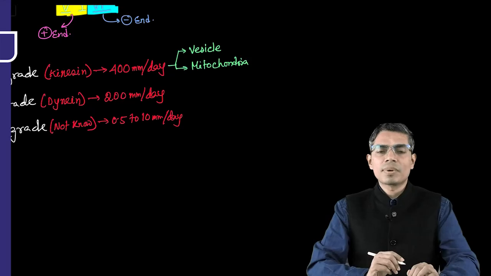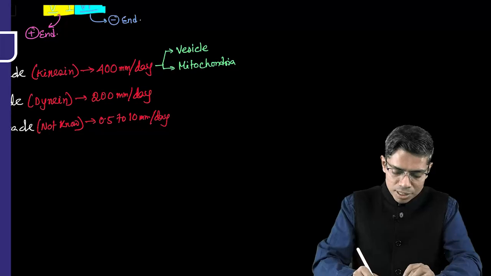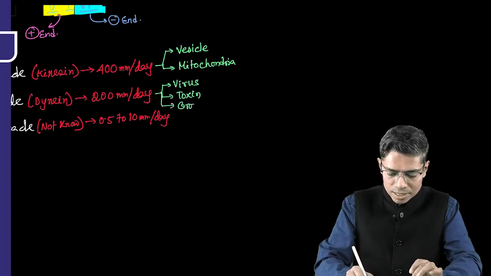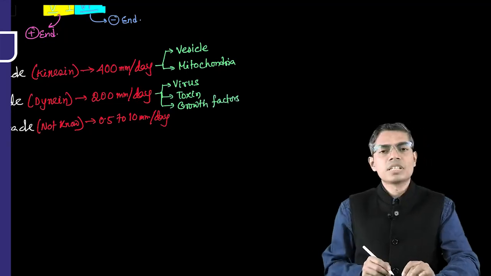Again, you require the help of kinesin. The speed is 400 millimeter per day. And retrograde, I told you already, there are certain viruses, like herpes simplex virus. There are certain toxins, like tetanus toxin, and there are certain growth factors secreted by different tissues. So growth factors are transported in the retrograde direction by dynein.